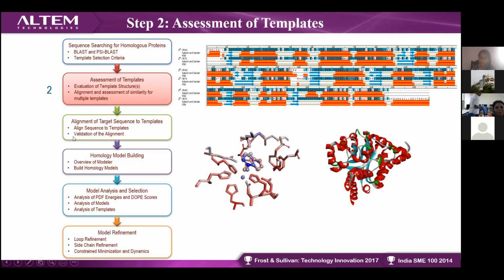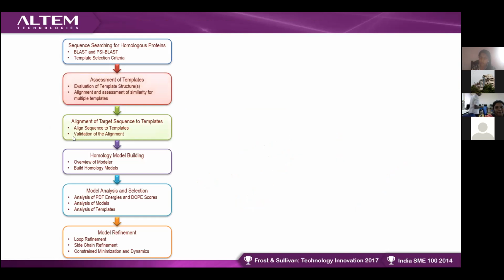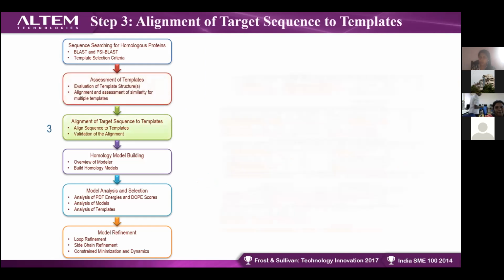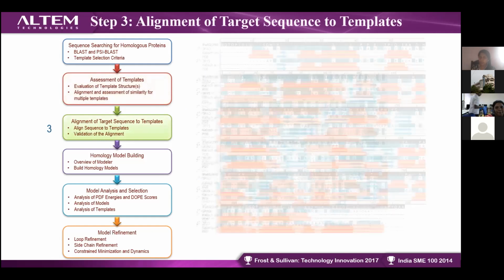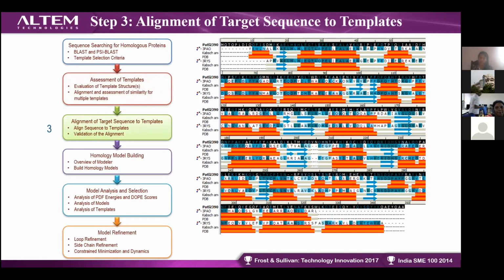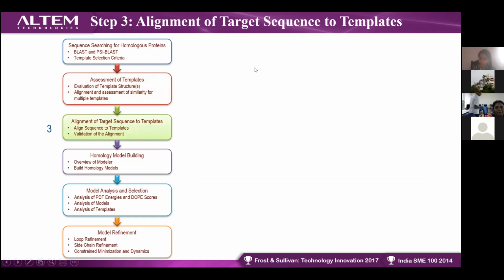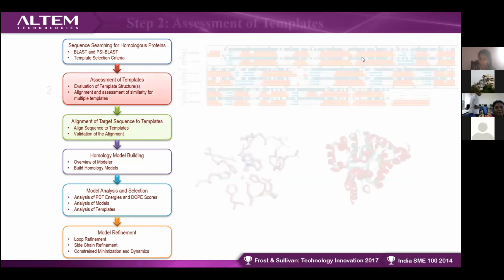The third step in homology modeling is that you need to align your target sequence based on the template. You'll be aligning your sequence to the template and validating the alignment. For example, you have your sequence and you have to check for the template. You have already got your template structure here.